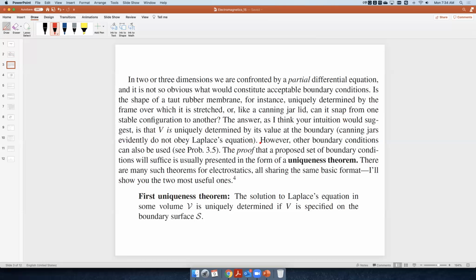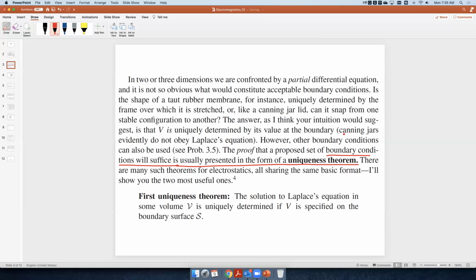However, other boundary conditions can also be used, and we will see that in problem 3.5. The proof that a proposed set of boundary conditions will suffice is usually presented in the form of a uniqueness theorem.